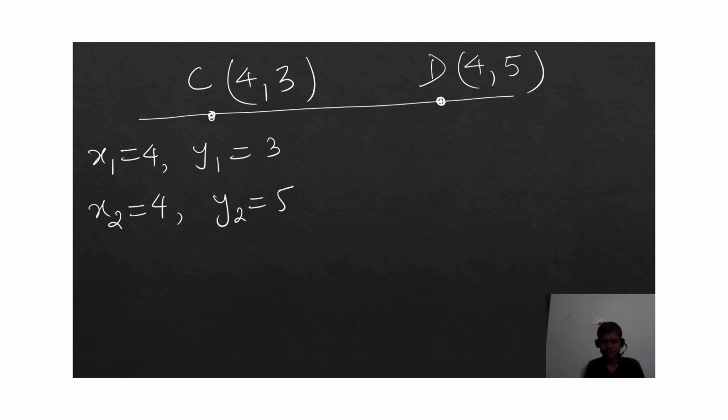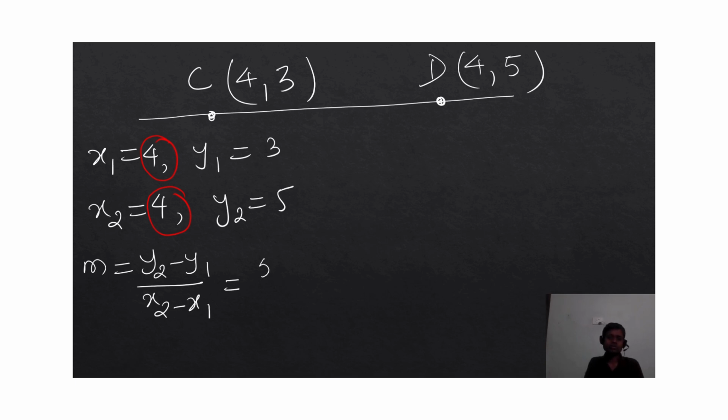So here we see that the x coordinate in both cases is 4. What will be the value of the slope in this case? Let's find out. m equals y2 minus y1 by x2 minus x1. This equals 5 minus 3 by 4 minus 4, which equals 2 by 0.